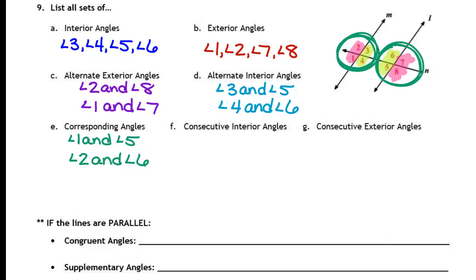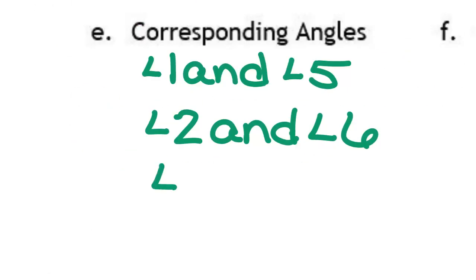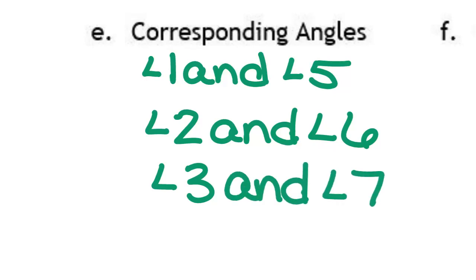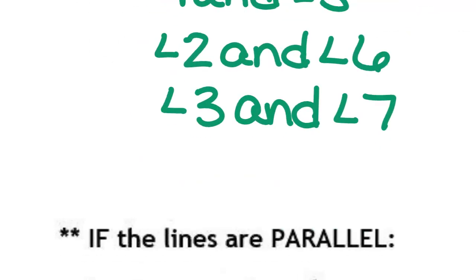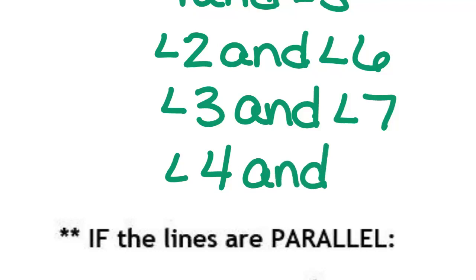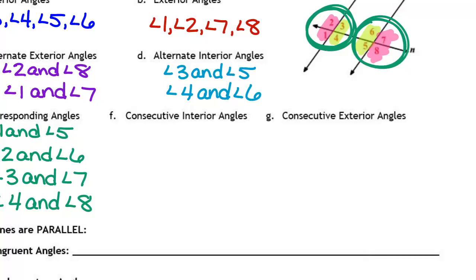What about corresponding angle for angle 3? Angle 7, they're both upper right. Angle 3 and angle 7. And so then what would be corresponding for angle 4? Angle 8, lower right, lower right. Angle 4 and angle 8. All right.